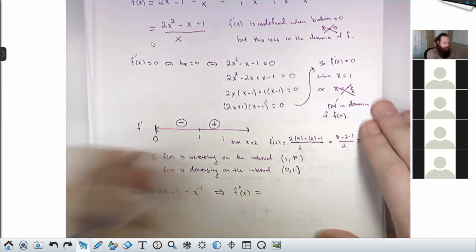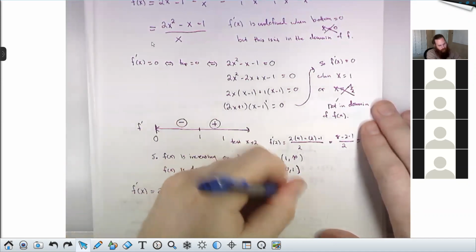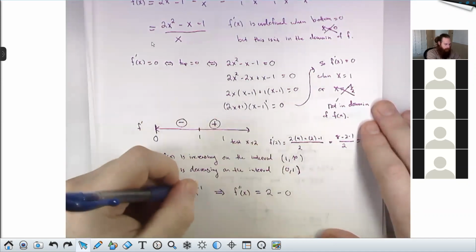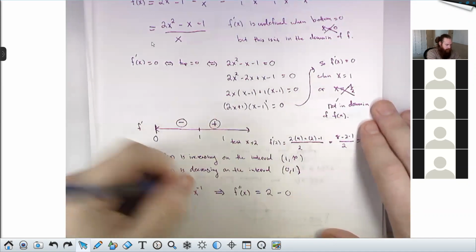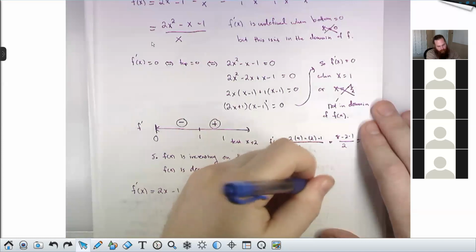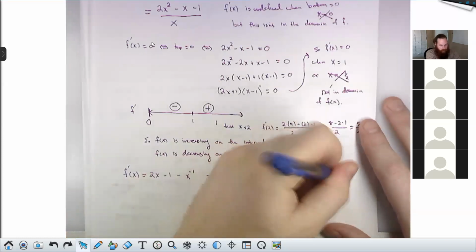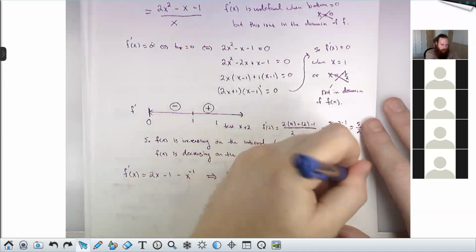The derivative of 2x is 2. The derivative of -1 is 0. And the derivative of x to the -1 is -x to the -2. So this will become minus -x to the -2, which is the same as 2 plus 1 over x squared.